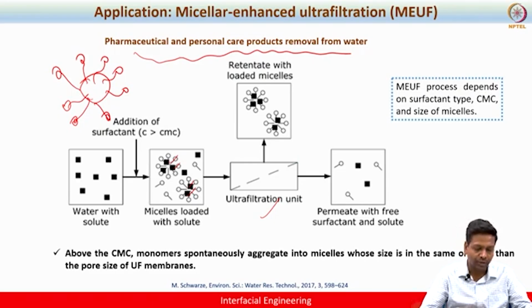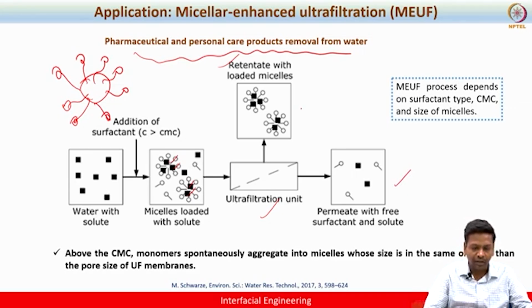So when this micelle-loaded aqueous stream passes through this ultrafiltration unit, the free monomer and the solute will come out of this membrane as a permeate, whereas the micelles and the solute molecules entrapped within the micelles will be collected as retentate, right. So you get two streams in this.